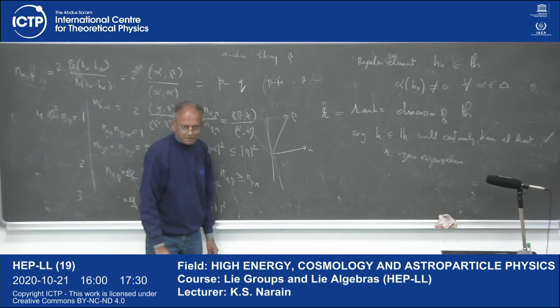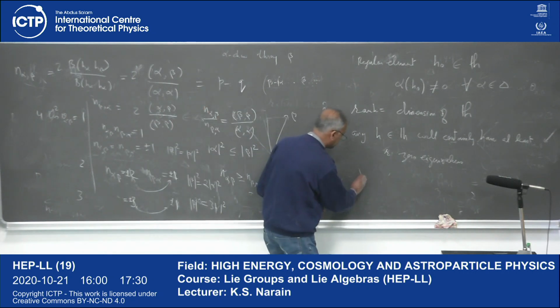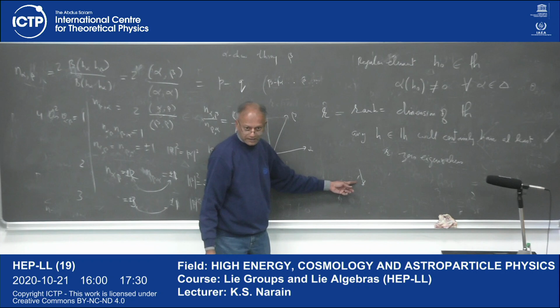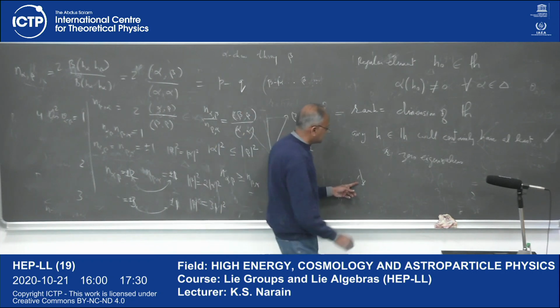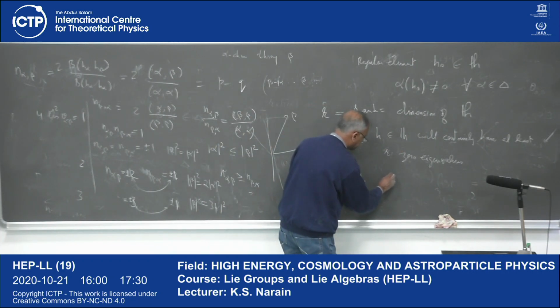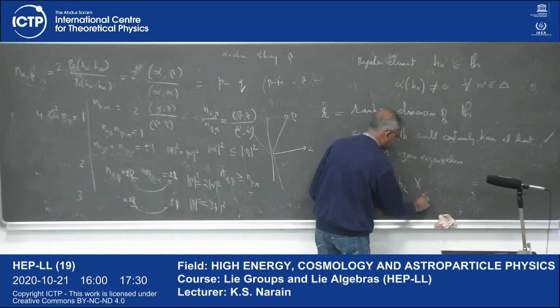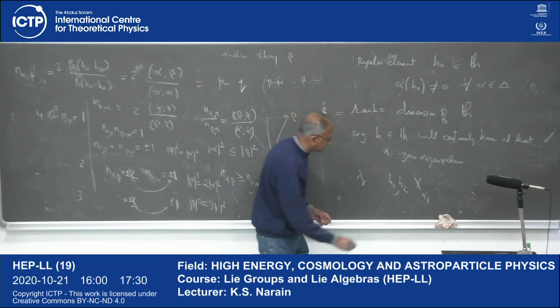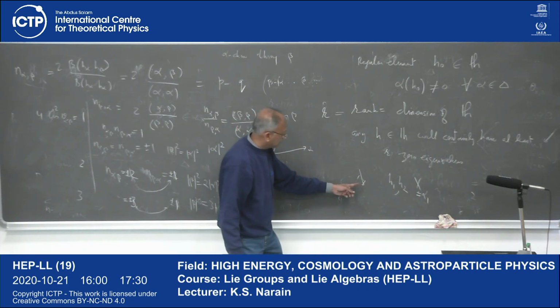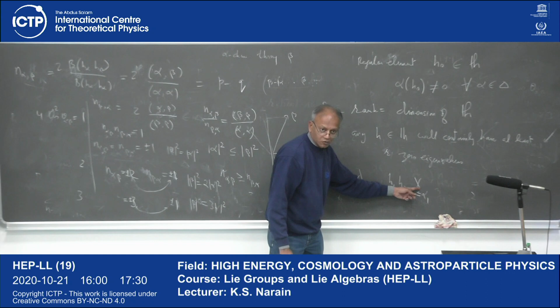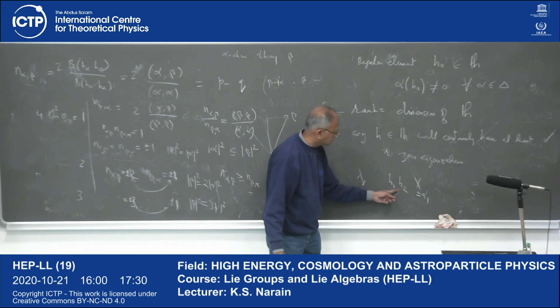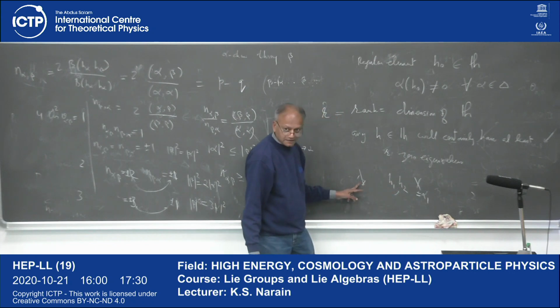For example, going back to the SU3 example, if you had taken lambda 8, it had 0 eigenvalues for both H1 and H2, but also plus or minus alpha 1 was commuting with lambda 8, right? So it will have 4 independent 0 eigenvalues. So that was not a regular element.